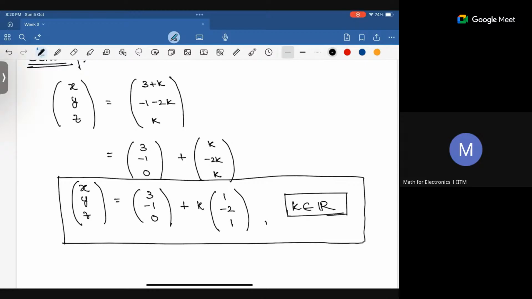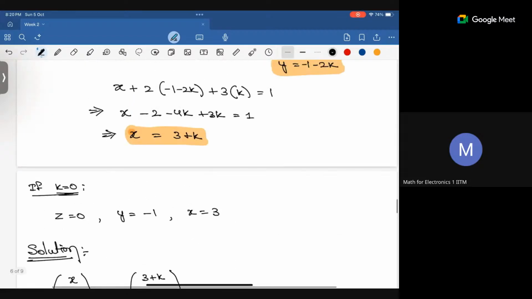It is very hard to write all the infinite solutions, so we will write it compactly. We'll take some value k, and using that k, we will write x, y, z in terms of k and represent it in this way. Any doubts in this?